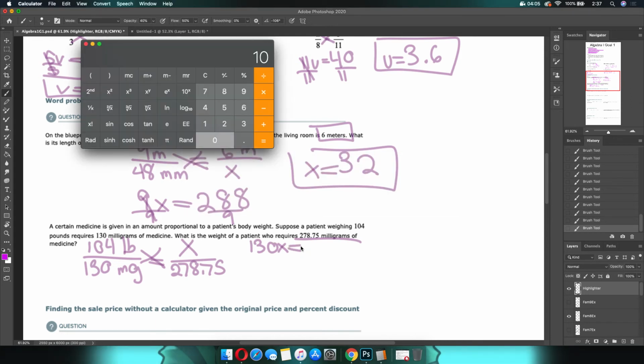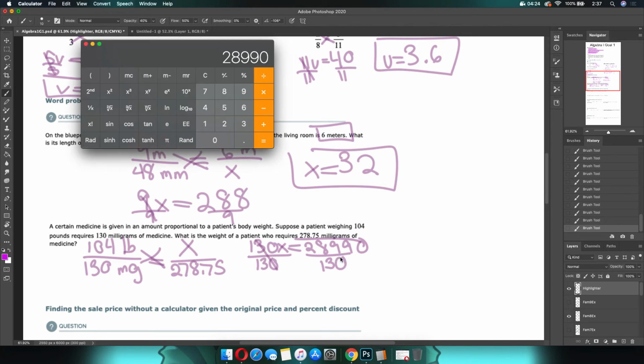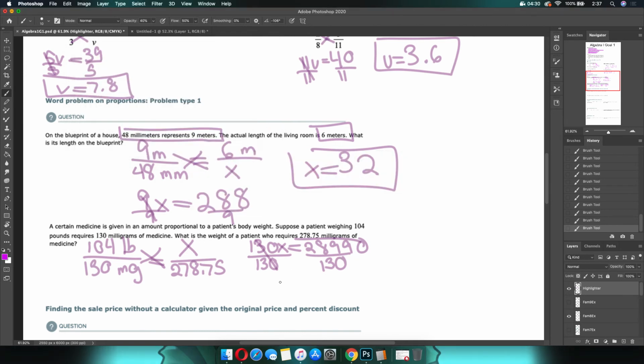So 104 times 278.75, I think, is 28,990. Divide by 130. So divided by 130 equals 223. So that was a decent warm-up.